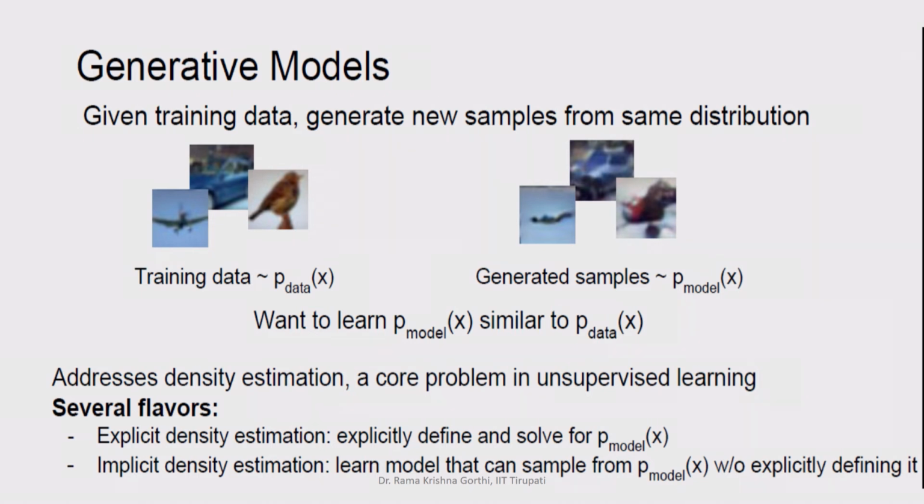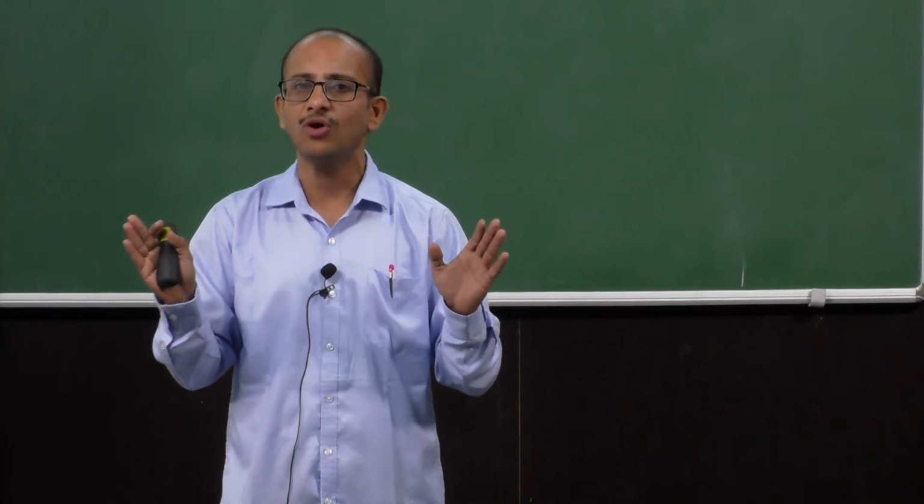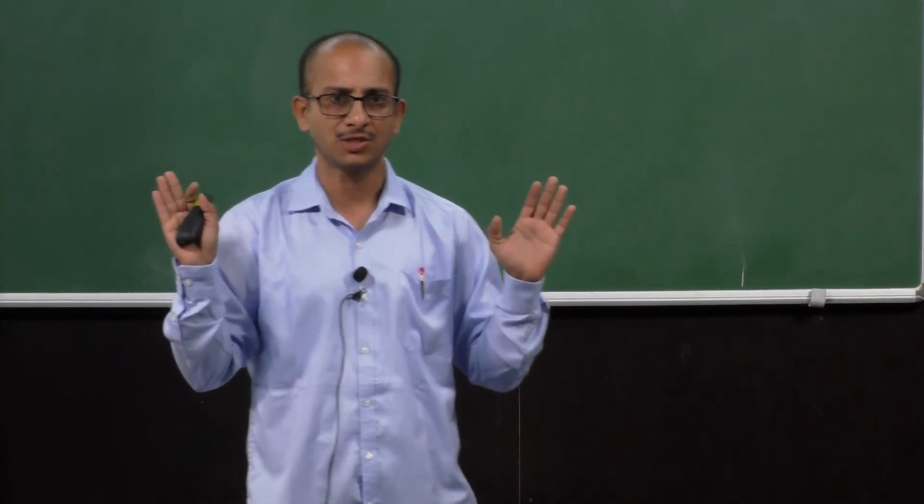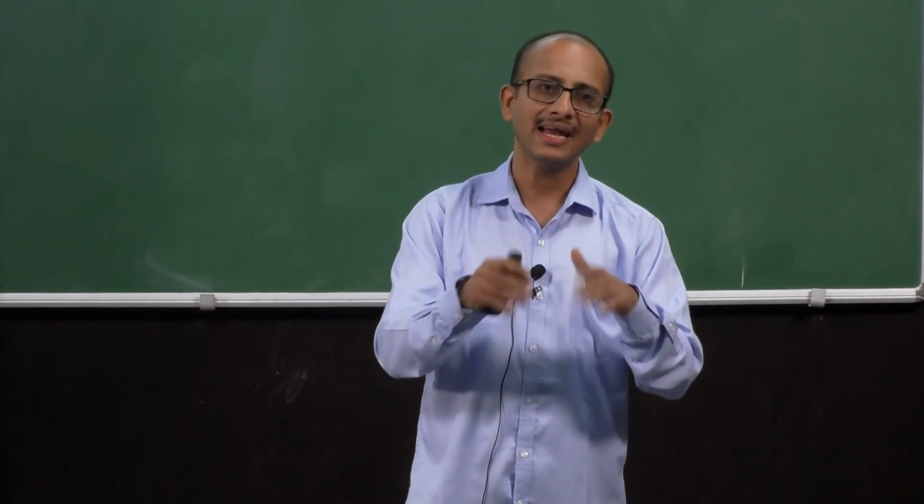One very crude way of doing it is modeling the distribution itself with some kind of known distribution and then trying to get the parameters of the distribution from the samples. I assume that if I throw 10,000 numbers, I say that they are Gaussian distributed. I will just try to find out the mean and variance of the Gaussian distribution. Of course, once I get that, I can generate more.